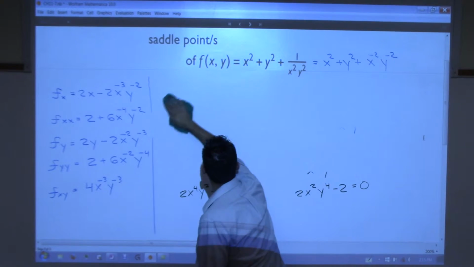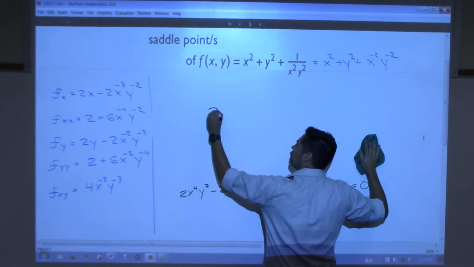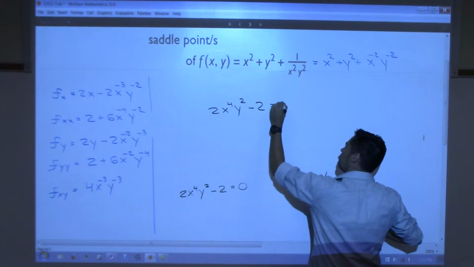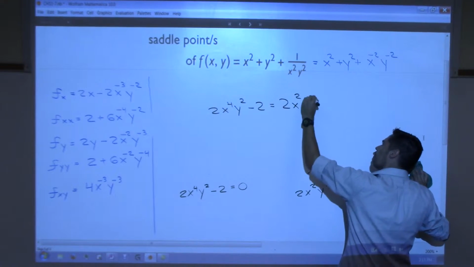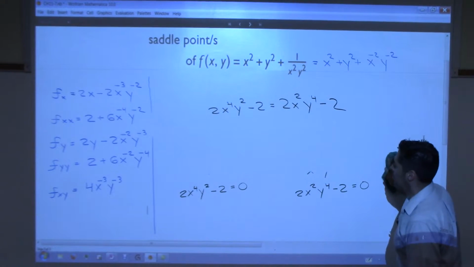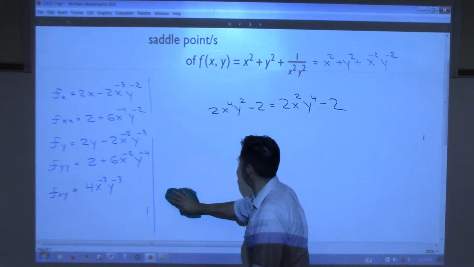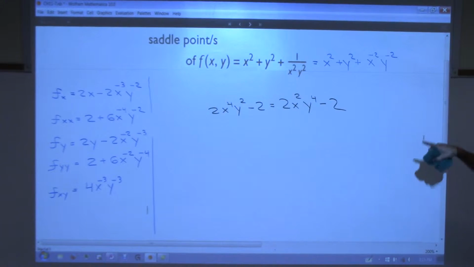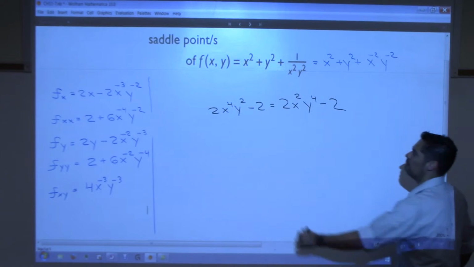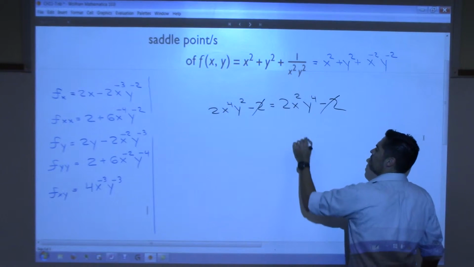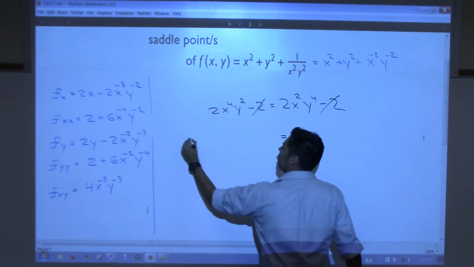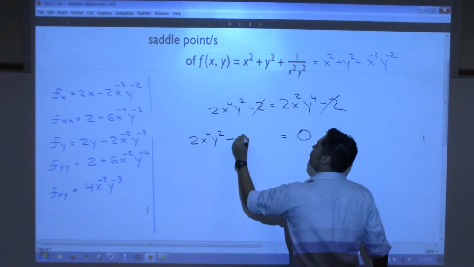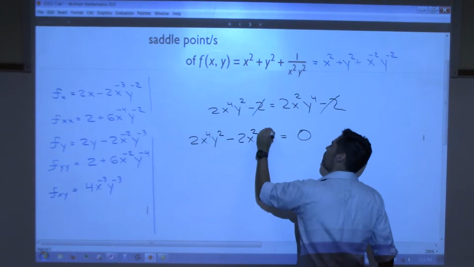If I set this equal to this, and then move everything to one side, the 2's are gone. 0 over here. Here, 2x to the 4th y squared minus 2x squared y to the 4th.